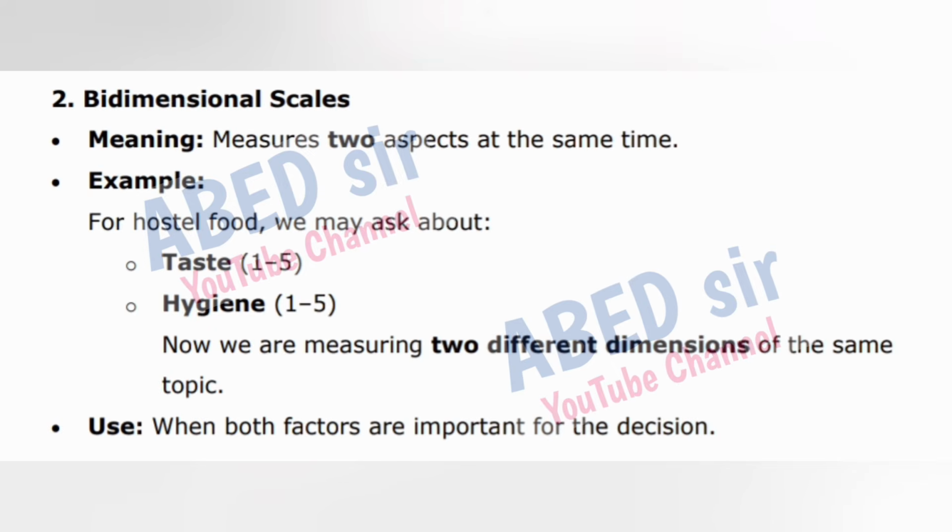Bidimensional scales, meaning measures two aspects at the same time. Example: for hostel food, we may ask about taste 1 to 5, hygiene 1 to 5. Now we are measuring two different dimensions of the same topic. Use when both factors are important for the decision.